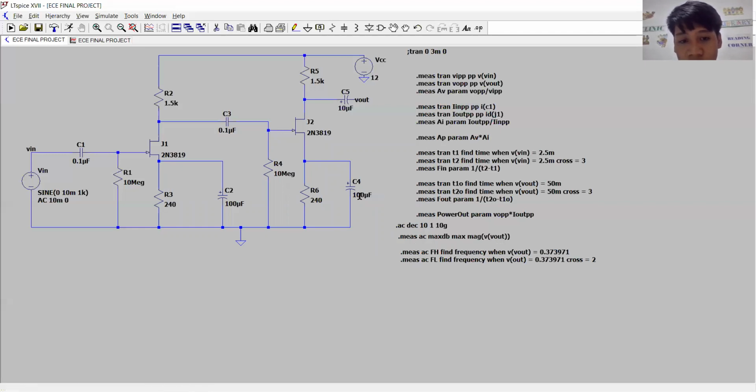For the values, the 0.373971 is derived from the maximum dB, because the maximum dB will be converted to voltage gain or voltage ratio loss, because it is needed to find the bandwidth, so we might as well convert it.